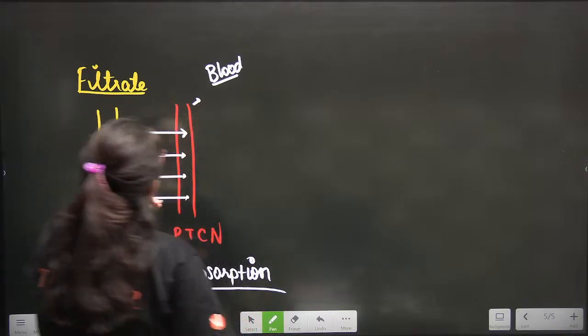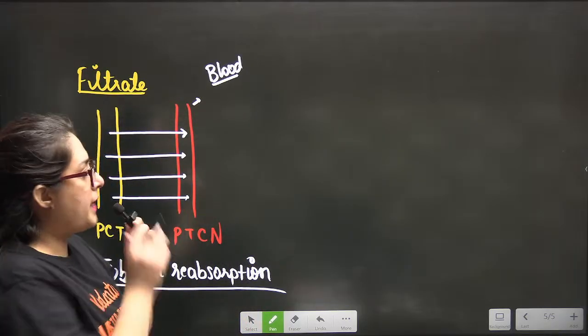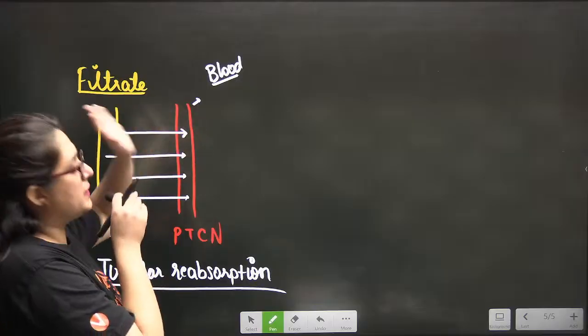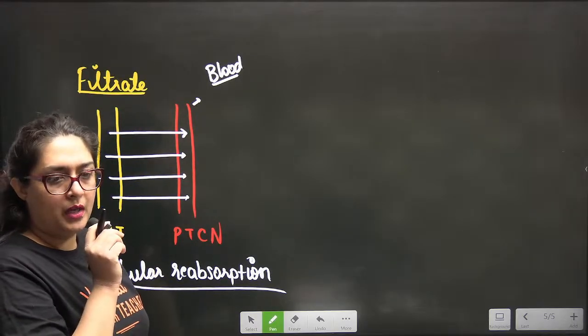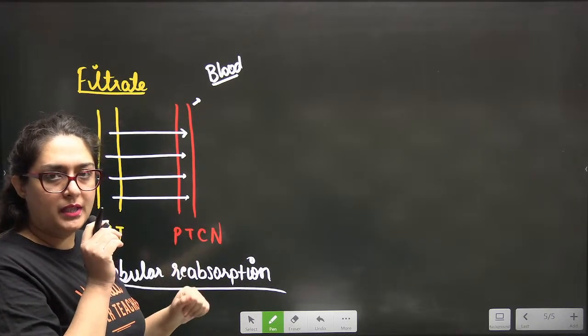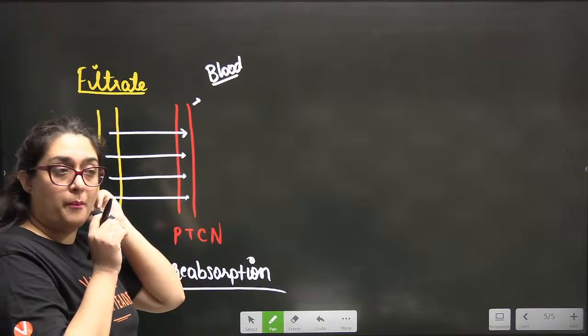Done? Now suppose some bad substances enter inside the DCT, like urea, so urea will go back to the blood.